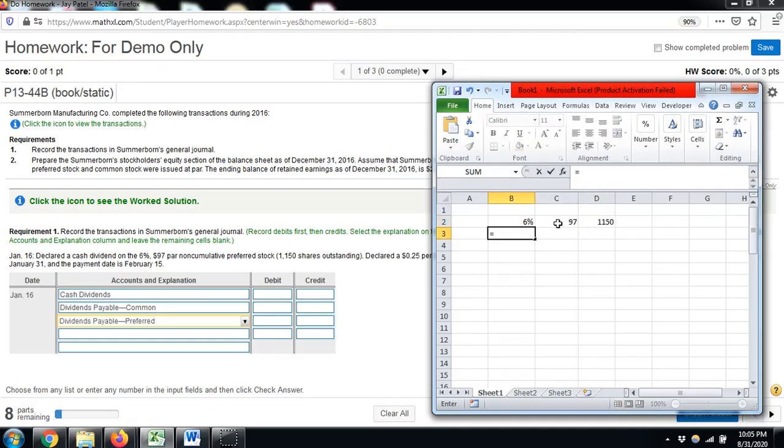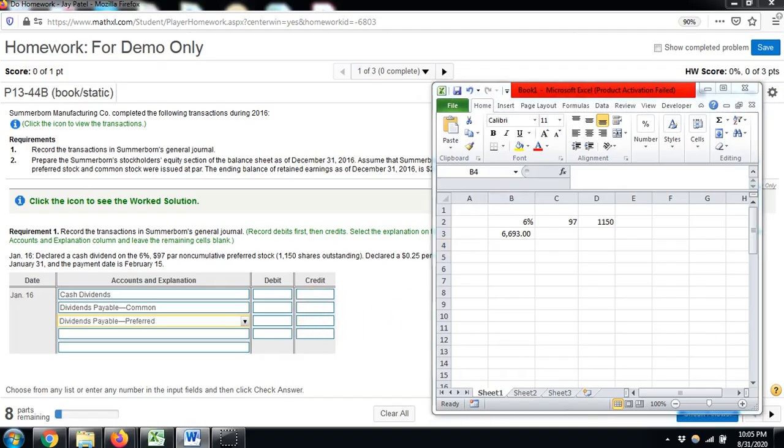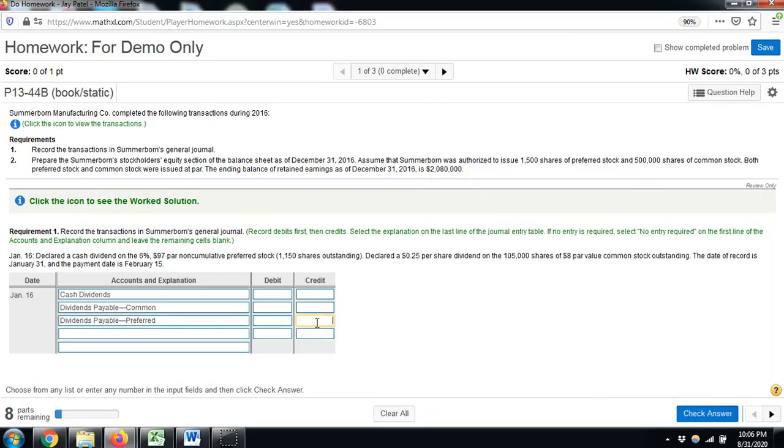So if we just had one share, it would just be $97 times 0.06, but we have 1,150 outstanding, so we multiply that, and so we get this value for our preferred dividend. So it's a liability.